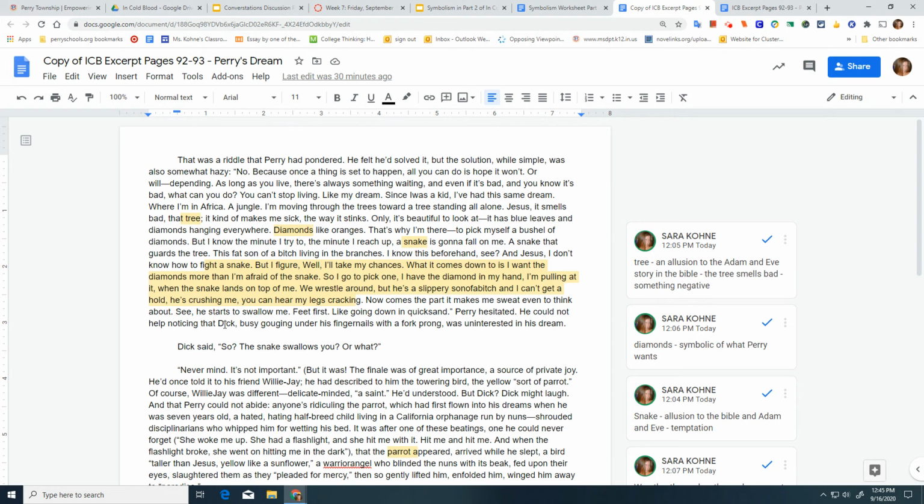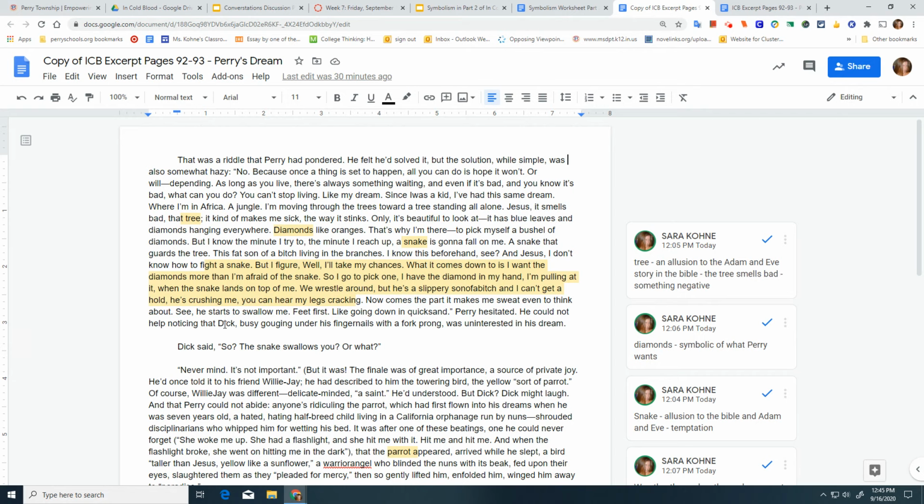Since I was a kid, I've had this same dream where I'm in Africa, a jungle. I'm moving through the trees toward a tree standing all alone. Jesus, it smells bad, that tree. It kind of makes me sick the way it stinks. Only it's beautiful to look at. It has blue leaves and diamonds hanging everywhere.